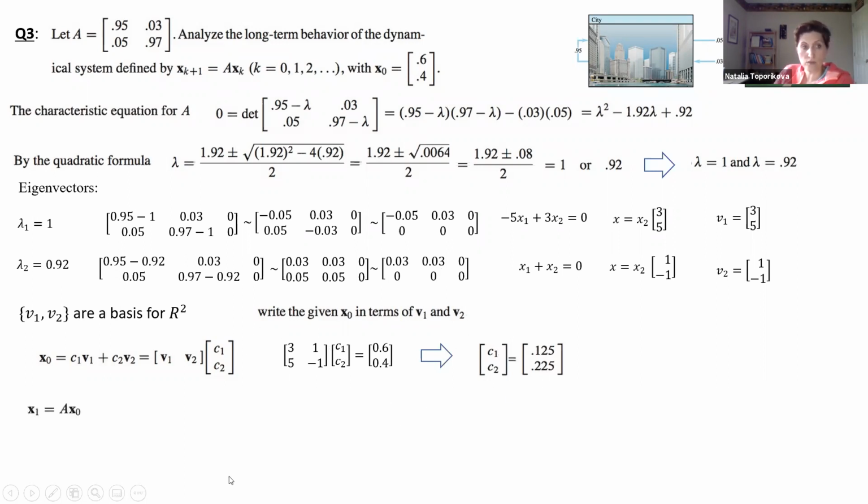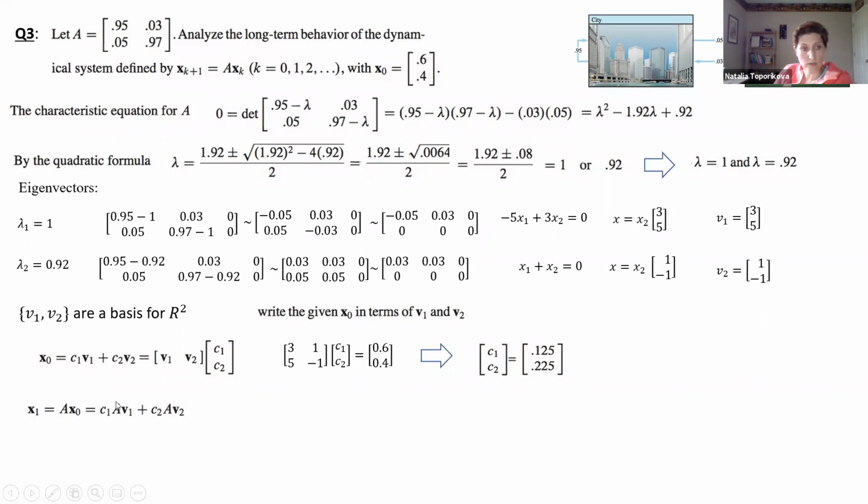Those weights will work for transitioning any other vector x to the basis of v1 and v2. So let's take our vector x1 and also write it in terms of v1 and v2. Using our recursive formula, we can write x1 as the product of matrix A and x0. Our x0 can now be written in terms of the vectors v1 and v2, and we can use the matrix property to distribute A over both terms.